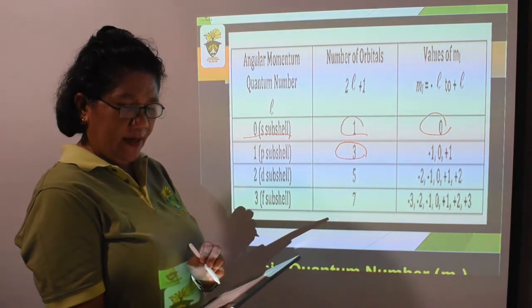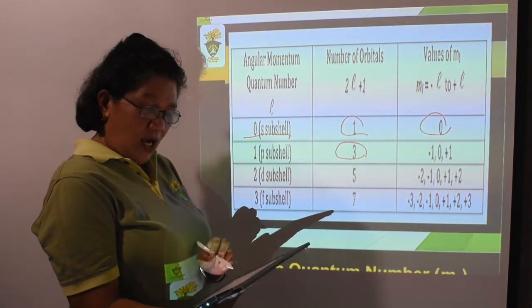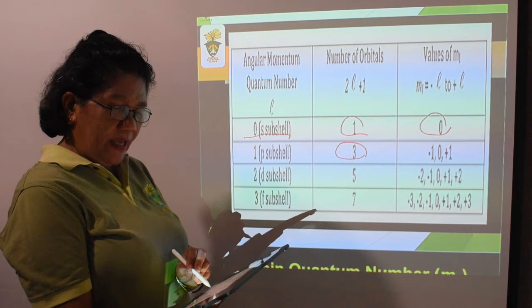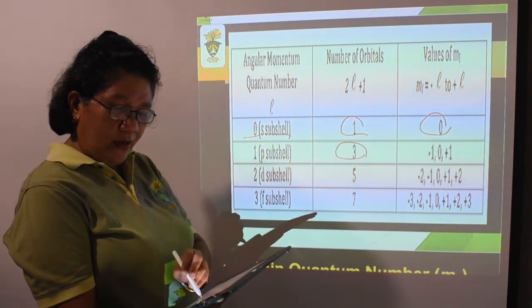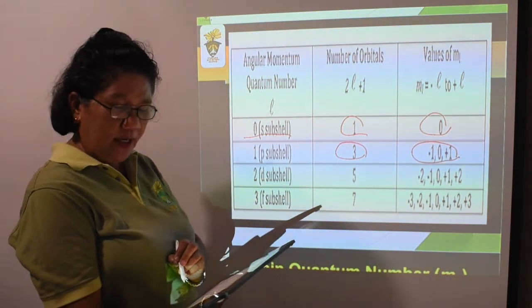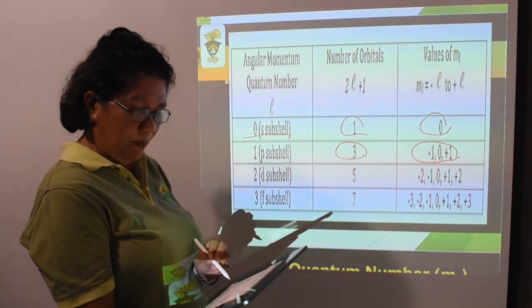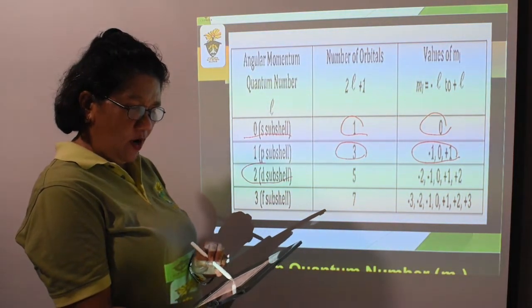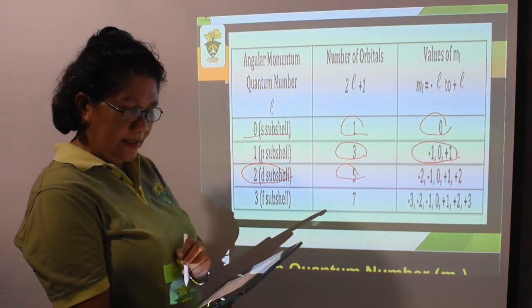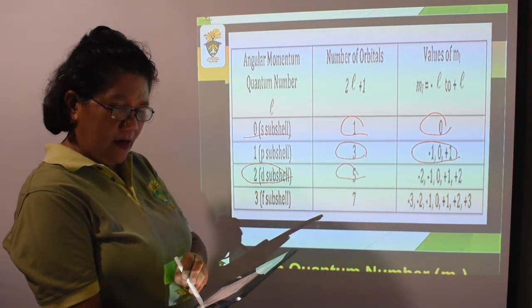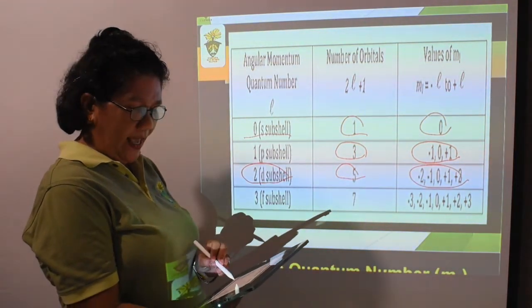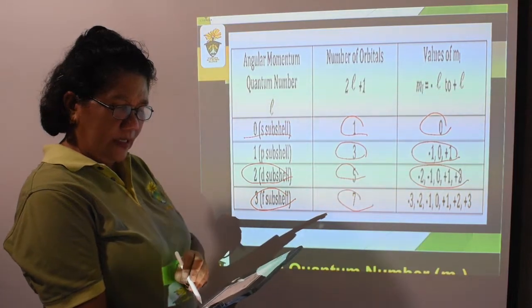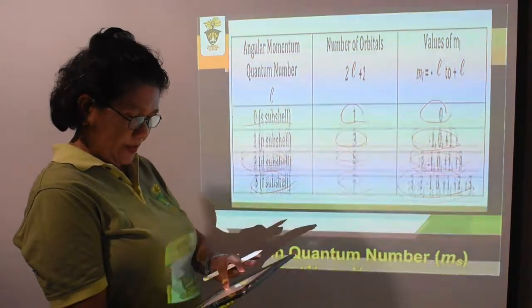Only 1. And for the P, how many orbitals? There will be 3. And it has these values, negative 1, 0, plus 1. For the D orbital, it has 5 orbitals, and these are its values. And for the F, it has 7 orbitals and these values.